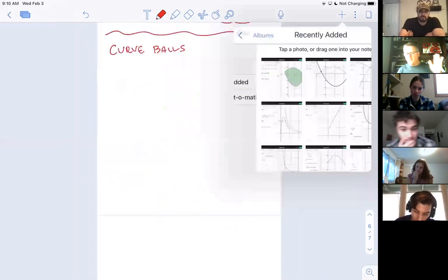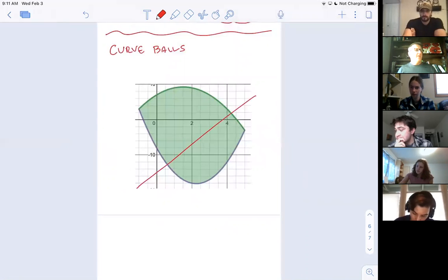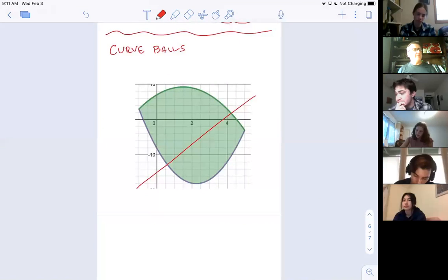Let's just throw it in there totally randomly. So I just drew that line through it. And now what I would like to know is this area. Let's try shading it.